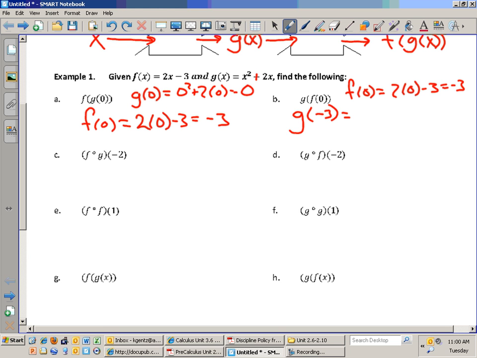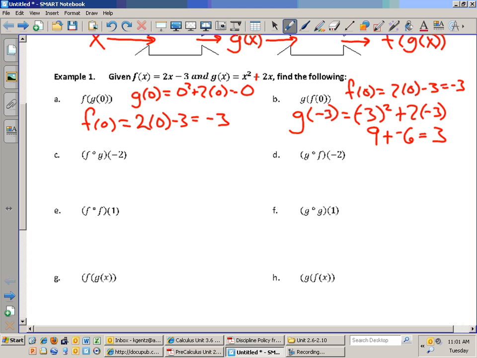And that's equal to negative 3 quantity squared plus 2 times negative 3, or 9 plus negative 6, which is positive 3. That's the result. So you plug x in, you get an output for g, and then you plug that output of g in for x, and you get a new output.